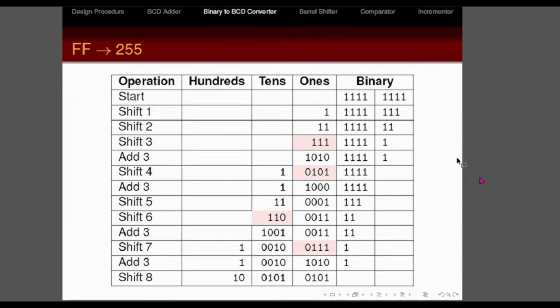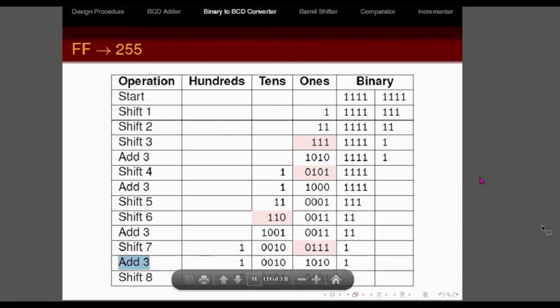So this is the process. This is the same as before. If you shift and you get 5 or more, you add 3. And then you continue to shift. Here it is 1, you don't need to add 3, you don't need to add 3. And here you get 7, and now you have to add 3 until you finish.